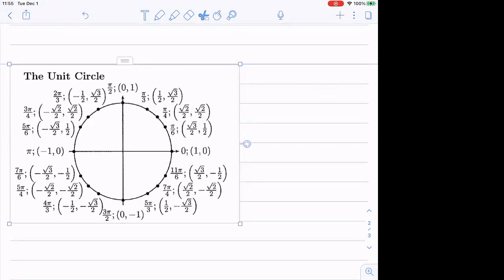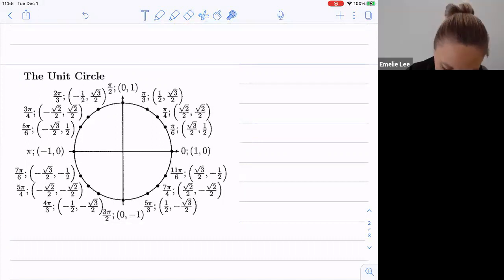So here it is all written out, right? But if you just know these 3, then this pi over 3 flips over to 2 pi over 3, but the x is negative in quadrant 2. The y is still positive, right? X is negative, x is negative. Here, both x and y are negative. Here, x is positive and y is negative for all of these.